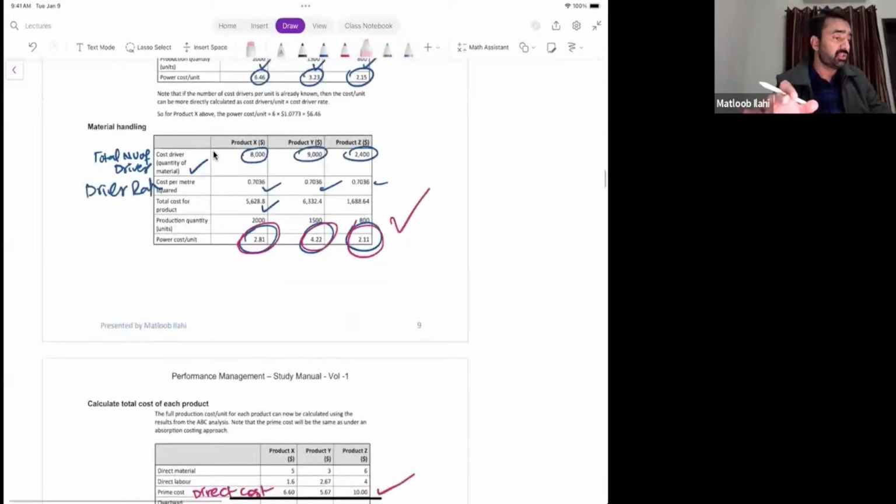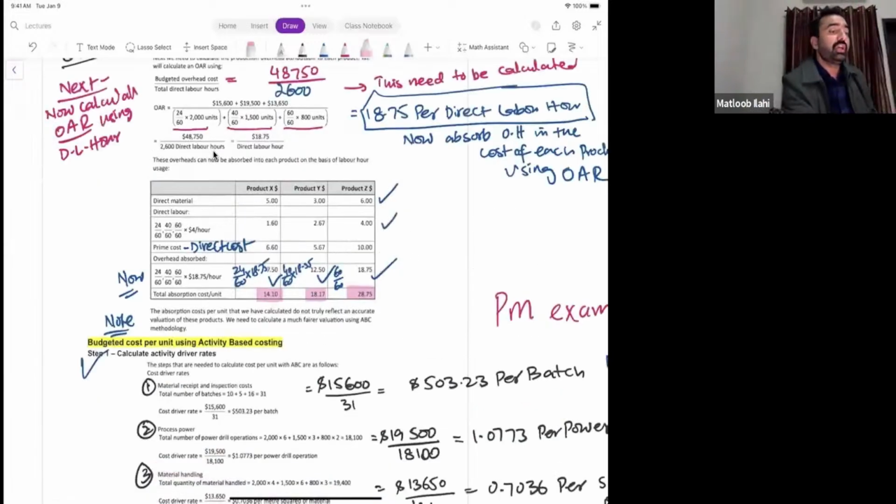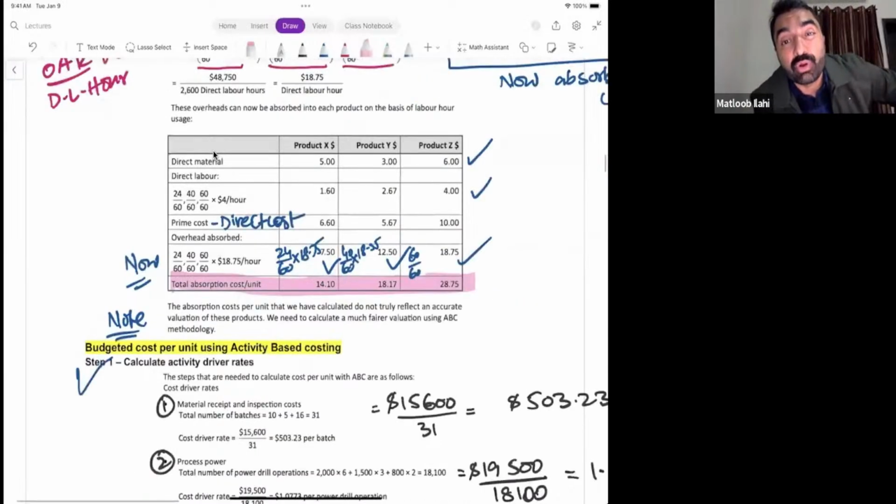Now what we need to do is compare this with traditional absorption costing. If we compare this with traditional absorption costing, what I have highlighted, the total absorption cost, product X is 14.1, product Y 18.17, and product Z is 28.75.